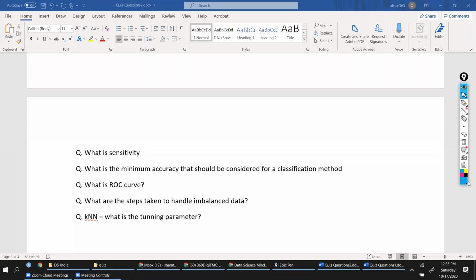K is a tuning parameter, right? Easy question. Very good, yeah. K itself is a tuning parameter in KNN. What is another name given for KNN algorithm? Lazy learner, very good. We call it a lazy learner.